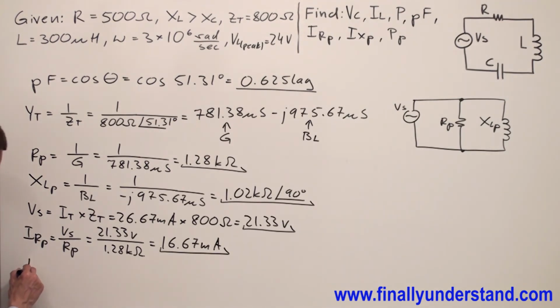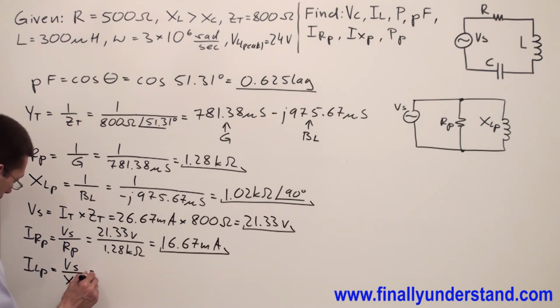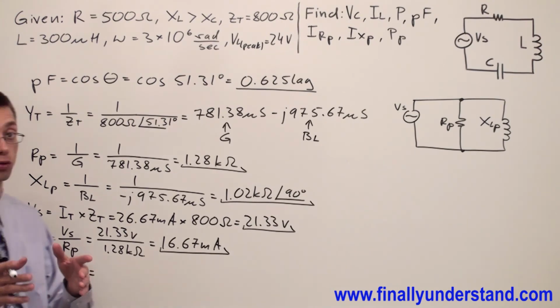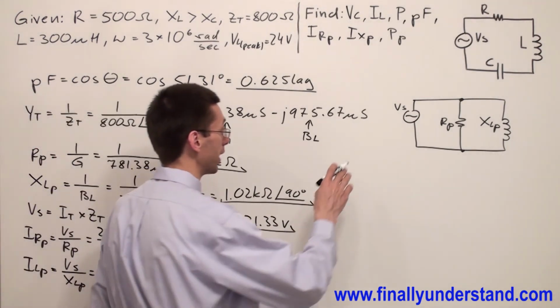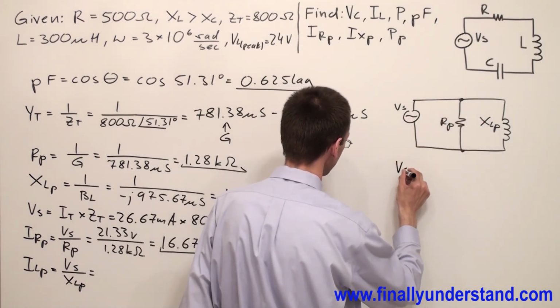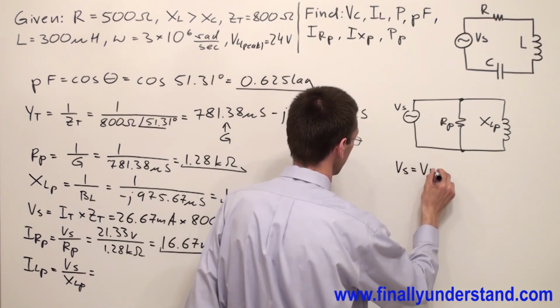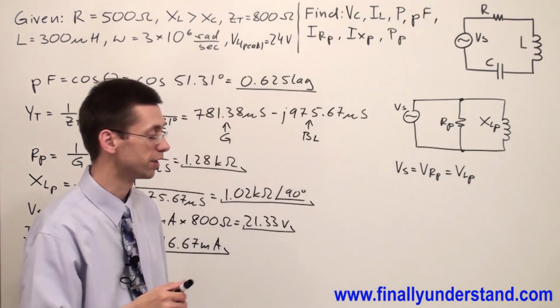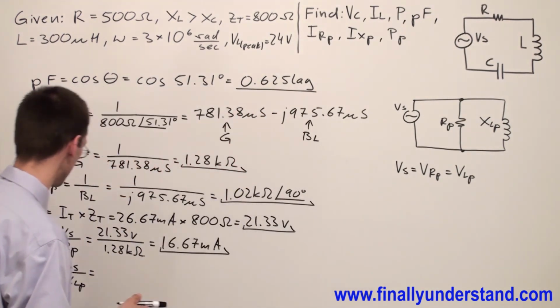And if you want to find I_LP, this is equal voltage source over X_LP. Someone can ask why I don't use V_R over R_P or V_L over R_P. At this moment, you're supposed to understand that in parallel circuit, the voltage across each component is equal to the voltage source. So Vs is equal V_RP, and this is also equal to V_LP. So it doesn't matter if I'm going to use V_LP, V_RP, or Vs, the answer is going to be always the same.